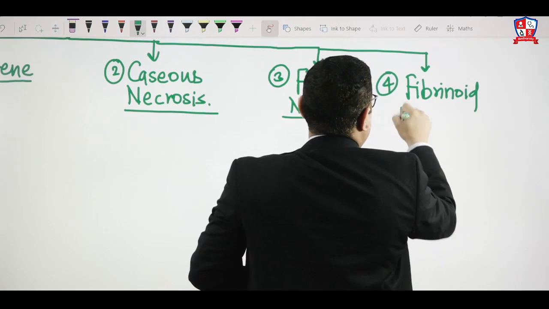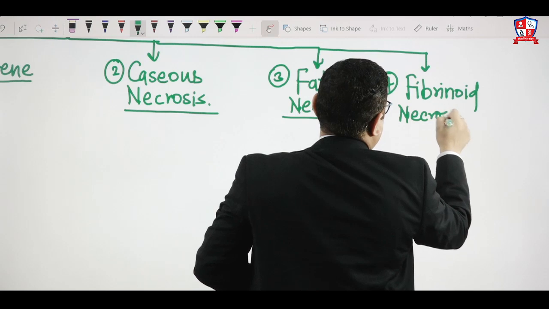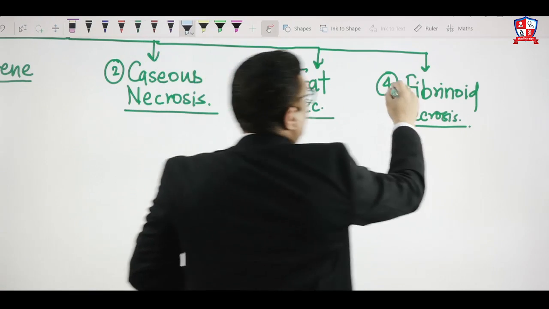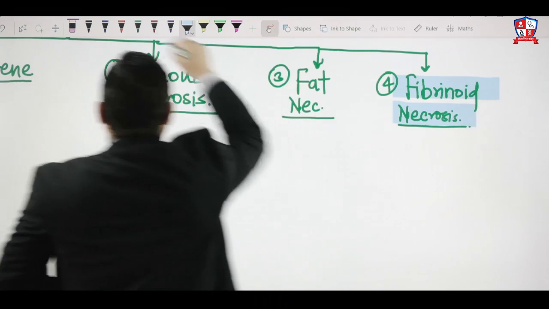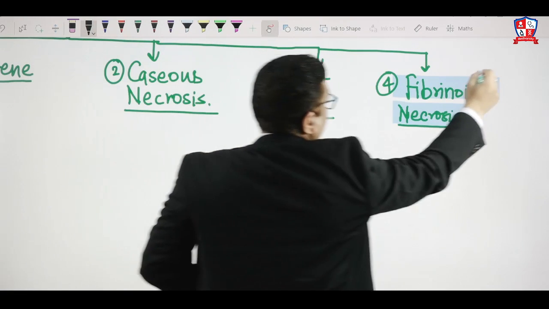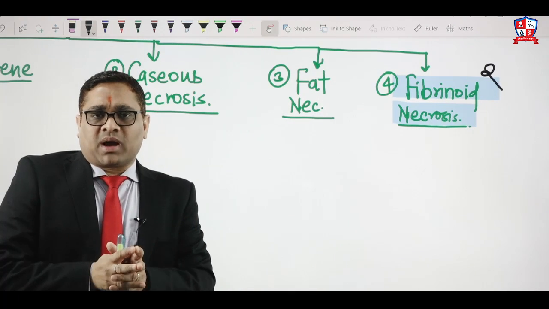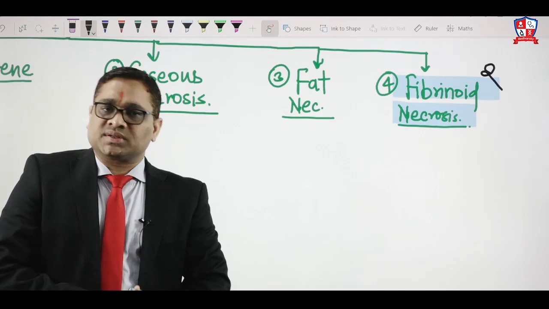Fibrinoid necrosis is very important because this was a question in the All India exam. So just keep that in mind, fibrinoid necrosis. So these are the four special patterns of necrosis I will briefly discuss with you.